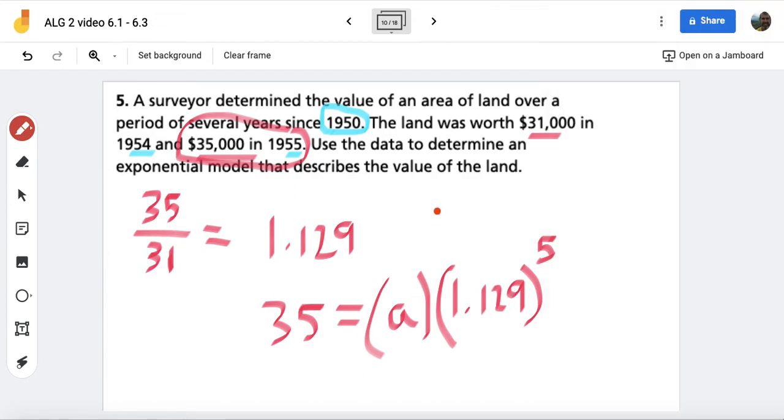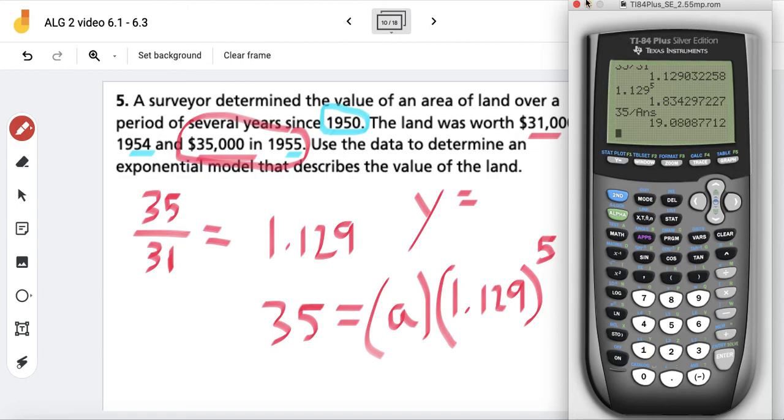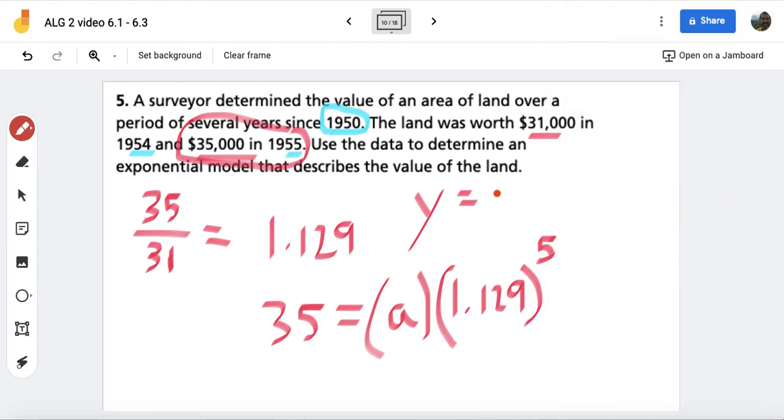So what did they want? They wanted to determine an exponential model. y equals 19.08 times 1.129 to the x.